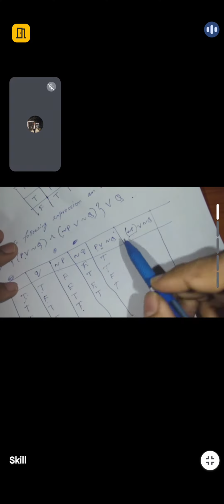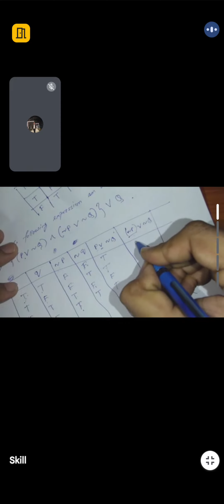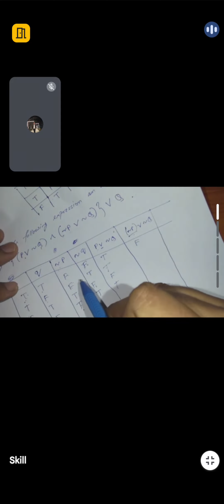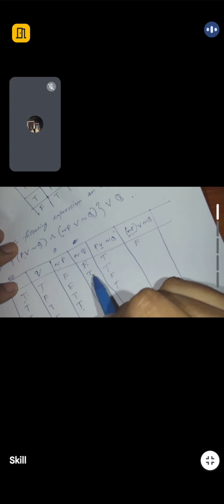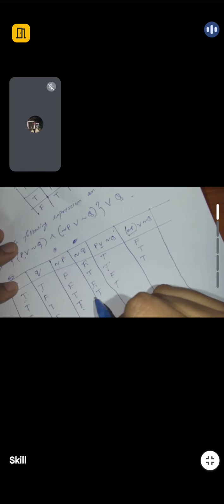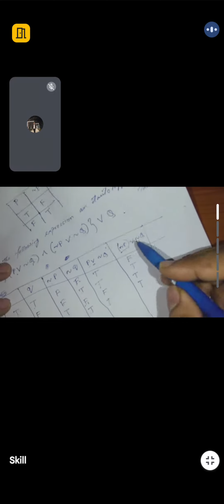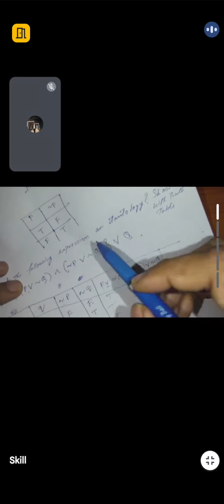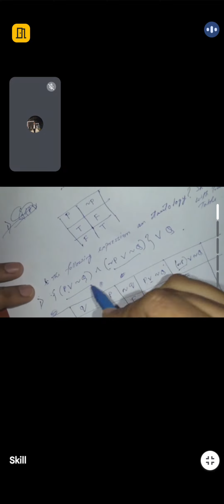So 0 plus 0 is 0, so it will be false. Then 0 plus 1 is equal to 1, so that is true. Then 1 plus 0 is equal to 1, so that is true. 1 plus 1, as I have told earlier, is true. So these are the results of these two expressions.